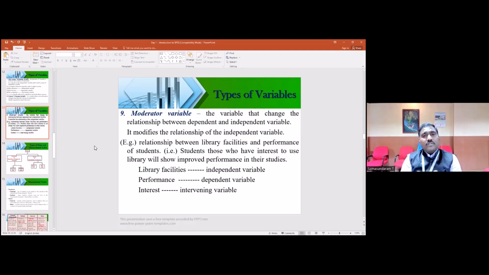And don't think, sir, can we set up a scale by ourselves? No. For the variables and the scales for measuring those variables, there are certain standard tools. They are already proven. You have to follow the same thing. You cannot define by yourself.